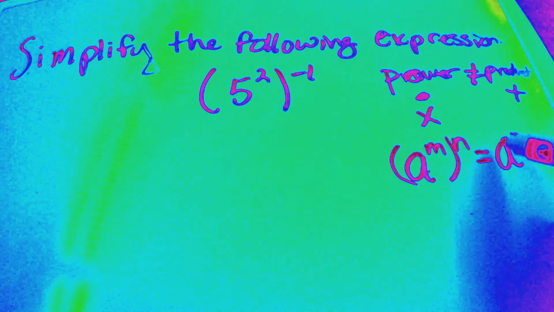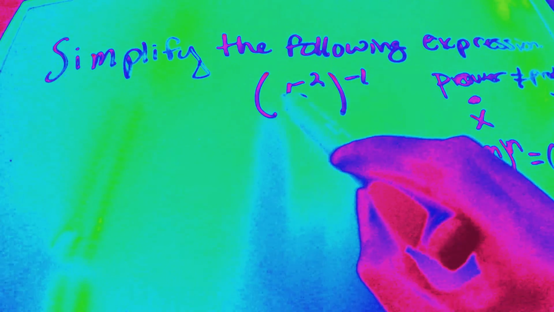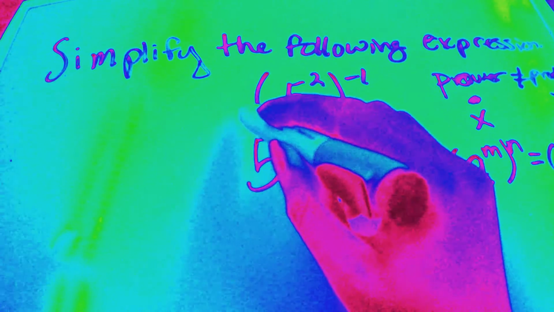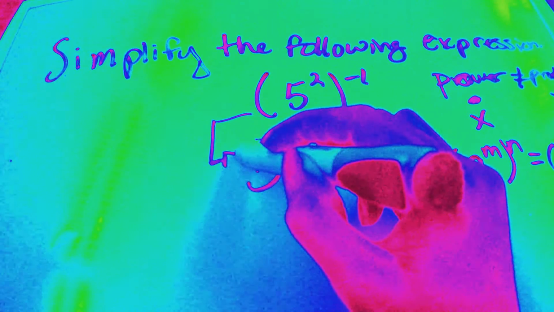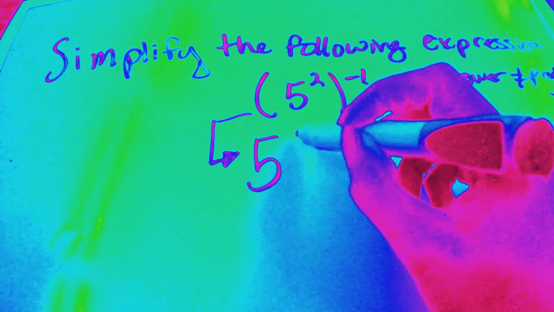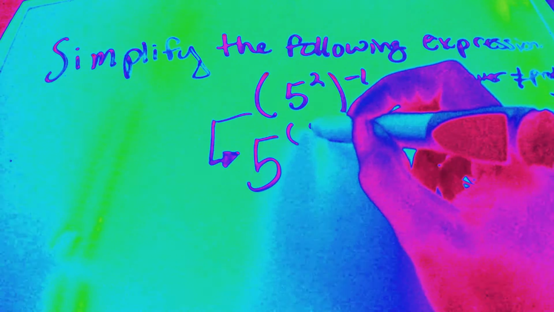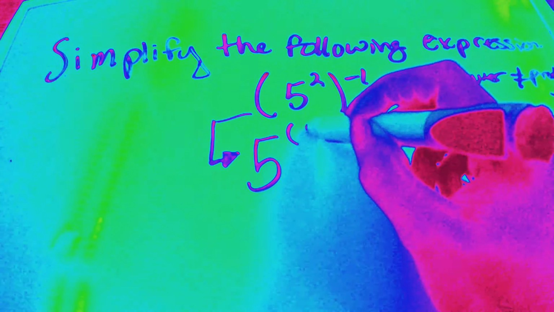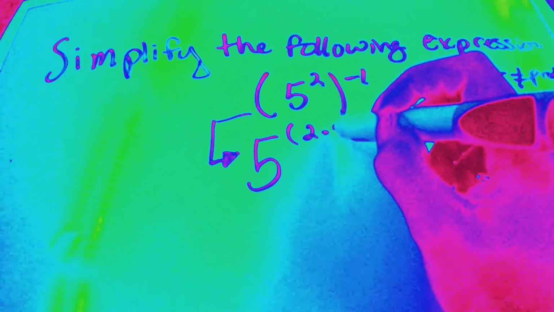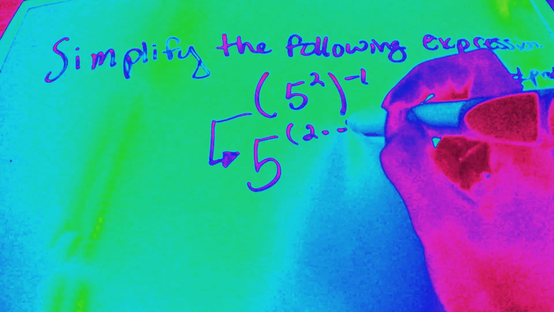We want to multiply the exponents, so that's what we have going on here. So we have 5 to the 2nd power, and this is to the -1 power. Alright, so all we have to do is rewrite, because you know I like to write my steps here. 5 to the 2 times -1.